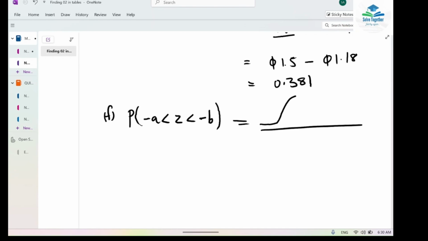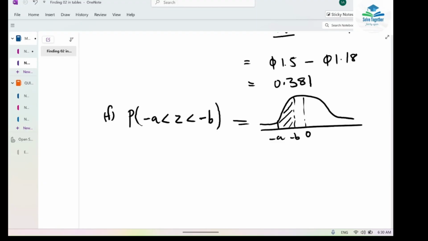Our diagram will be like this. This will be minus a, and this will be our minus b, and this will be our mu 0. So we want to find this region.